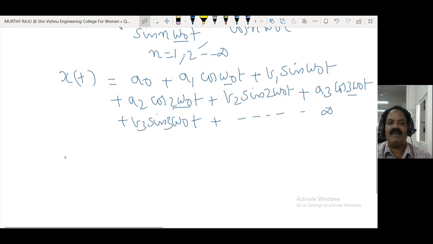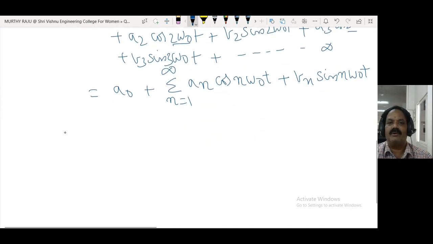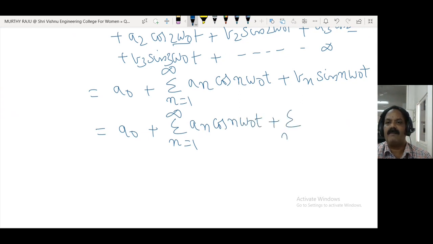Therefore, x of t can be expressed as a naught plus sigma n is equal to 1 to infinity of an cos n omega naught t plus bn sin n omega naught t. That is, a naught plus the sum over n from 1 to infinity of an cos n omega naught t plus the sum over n from 1 to infinity of bn sin n omega naught t.